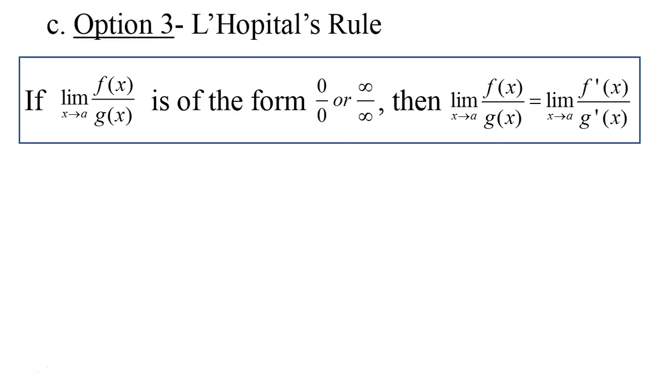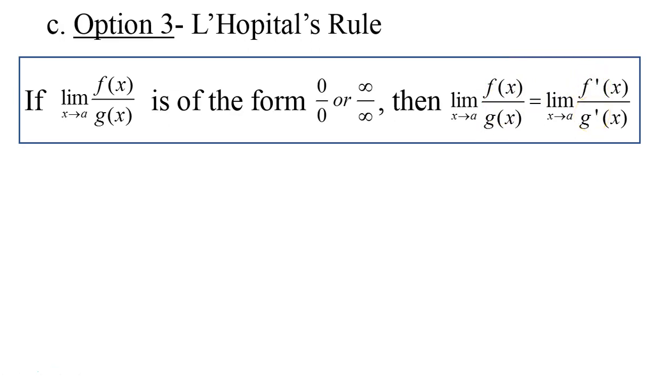It basically states if I have a limit as x approaches some value a of a function f(x) over a function g(x), if that turns out to be that indeterminate form, that uh-oh form, 0 over 0 or infinity over infinity, well, what it says is that the limit of f over g will yield the same answer as if I take f prime over g prime.